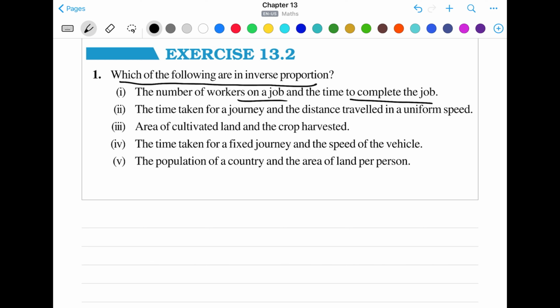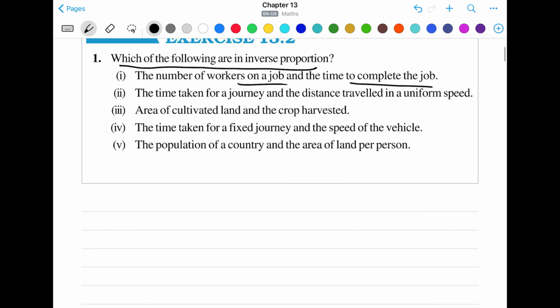The time taken by them to complete the job will decrease. If we increase the number of workers from 10 to 20, the time taken by the 20 people will be less compared to the 10 workers. So the first one is the case of inverse proportion. As the number of workers is increasing, the time taken to complete the job will decrease.